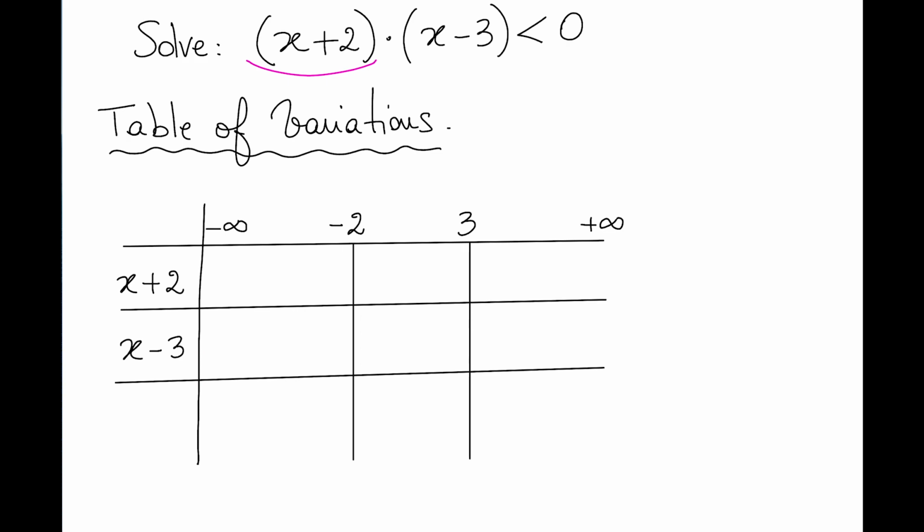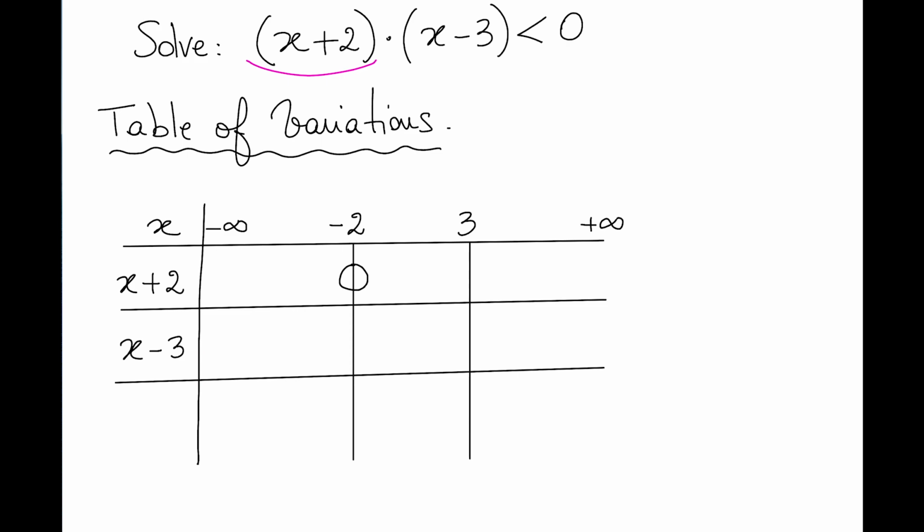So x plus 2 is neutral, which means 0, when x is negative 2. So x equal to negative 2 forces x plus 2 to be 0. Which means before that, x plus 2 is going to preserve one sign because it doesn't neutralize again before minus 2.